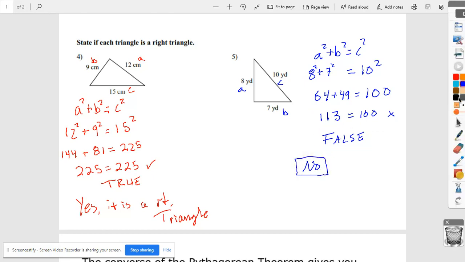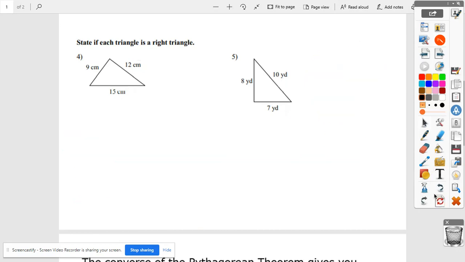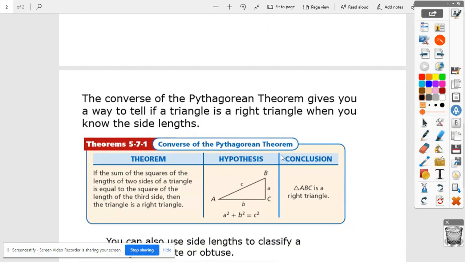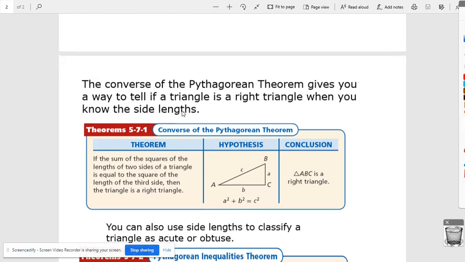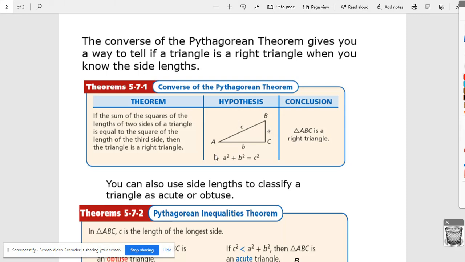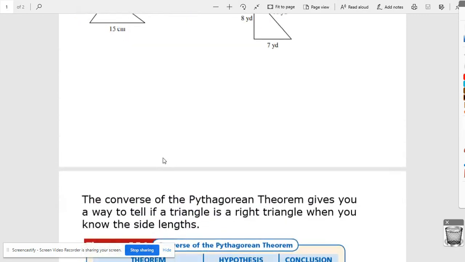So if it is not a right triangle, then it's got to be either acute or obtuse. So we can use what's called, and on the back side of this sheet is the converse of the Pythagorean theorem. And that states, we can use the regular Pythagorean theorem to find these side lengths. We can also check if it's a right triangle using the Pythagorean theorem, as we did in A, we said a squared plus b squared does indeed equal c squared.